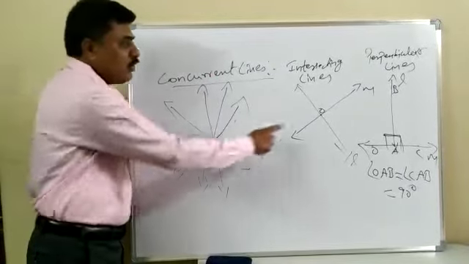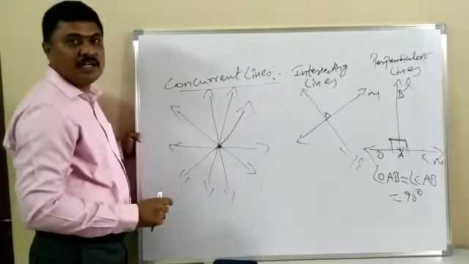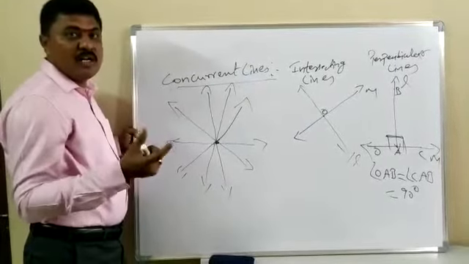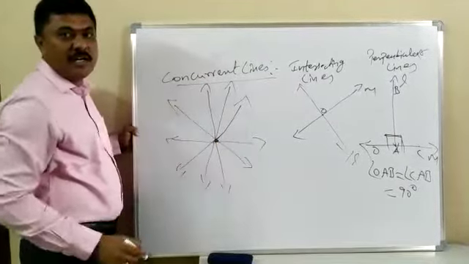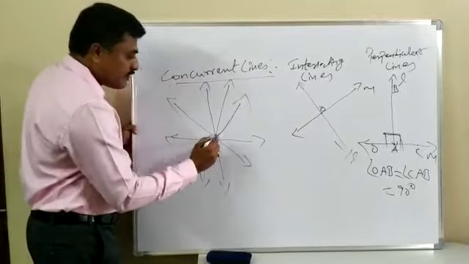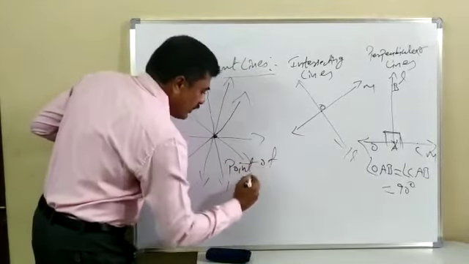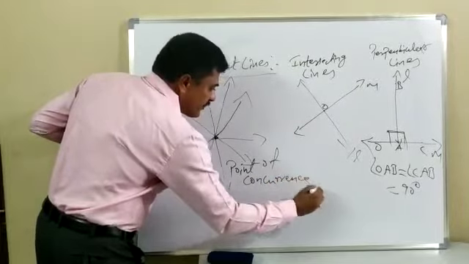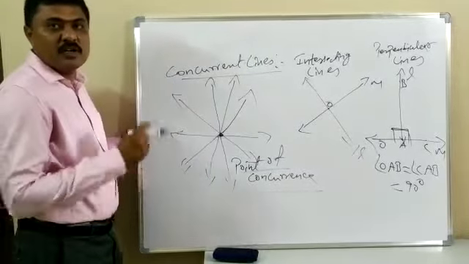In intersecting lines we have only two lines, whereas in concurrent lines, two or more lines which have a common point are called concurrent lines. This common point is called the point of concurrence.